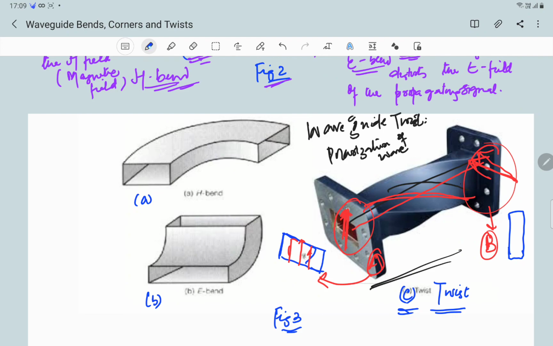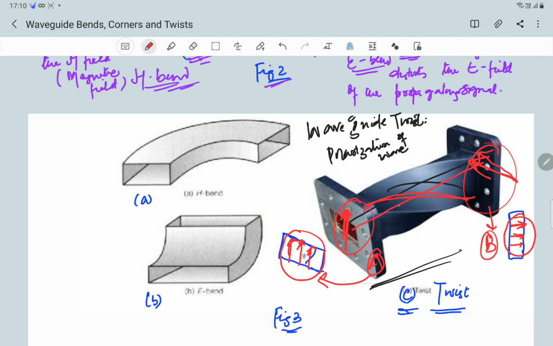So the electric field direction at this point would be like this. Here it is horizontal, here it was vertical. So it has changed the direction of the electric field from vertical to horizontal. That's why we said these twisters are used for changing the polarization of the waves propagating through them.